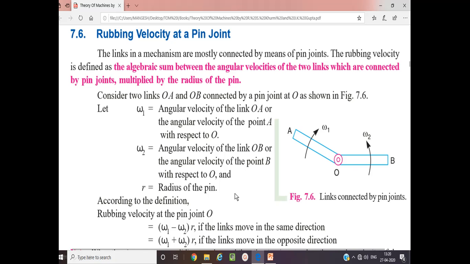Okay, then the last point for today's lecture, rubbing velocity at a pin joint. What do we mean by rubbing velocity?